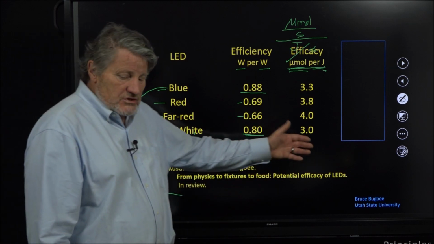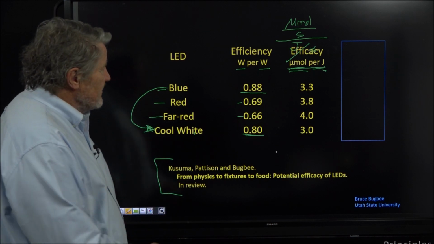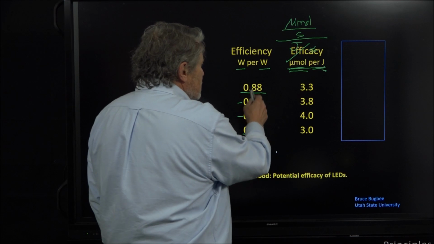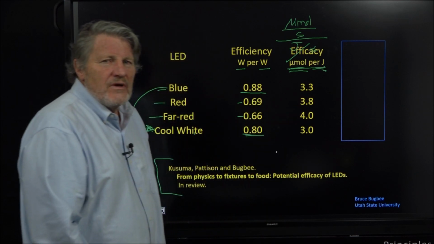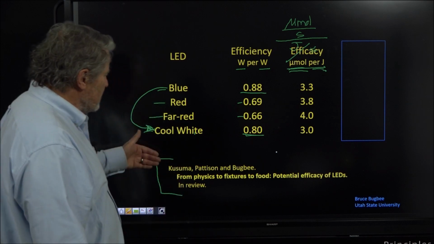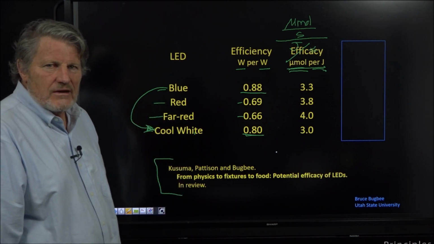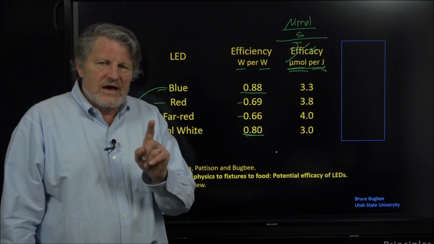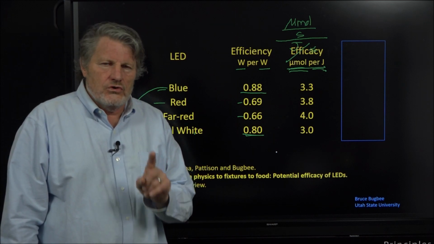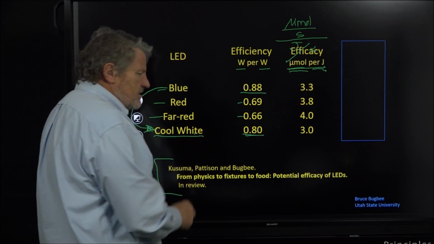Now I got a final box here that I haven't shown you yet. What's in that box? If there's efficiency shown this way, efficacy, what about the cost of these? Which do you think is the most cost effective, the easiest to make? Most lighting, almost all lighting, is for humans. And so humans need white LEDs.